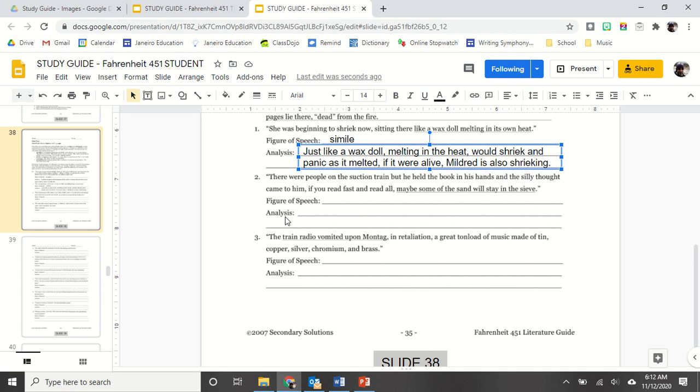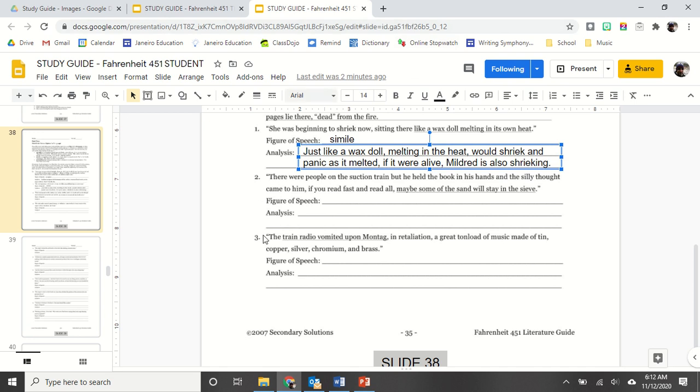His cousin said, I'll give you a dime if you can fill this sieve with sand. However, since a sieve is metal mesh, the sand would not stay in it, so it was a pointless activity. Montag was never going to get that dime because the sand would fall out the bottom as fast as he filled it.